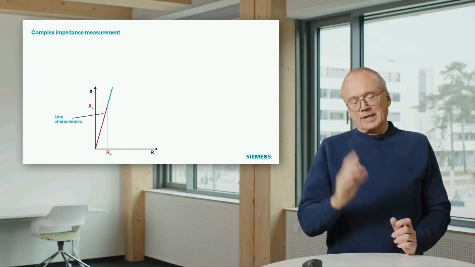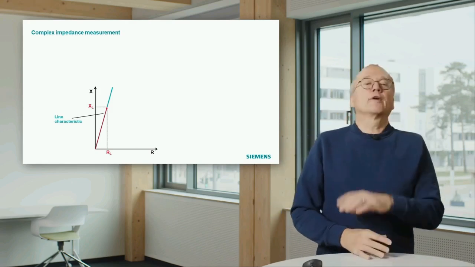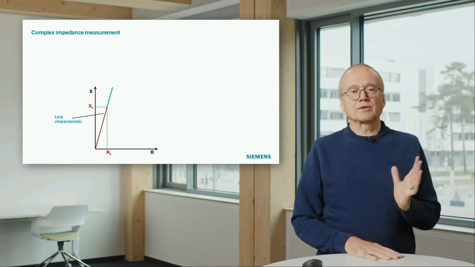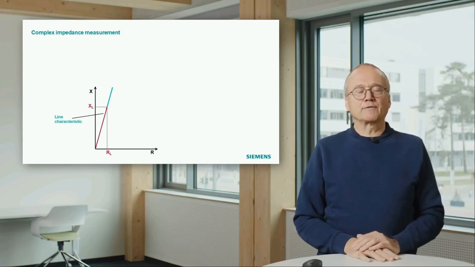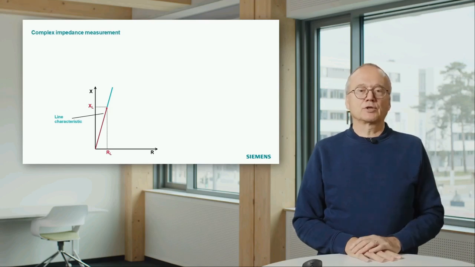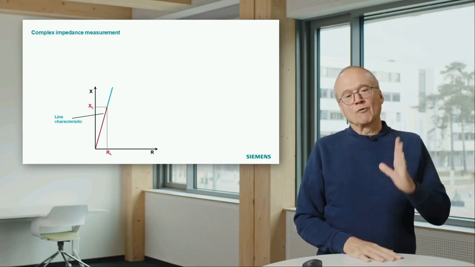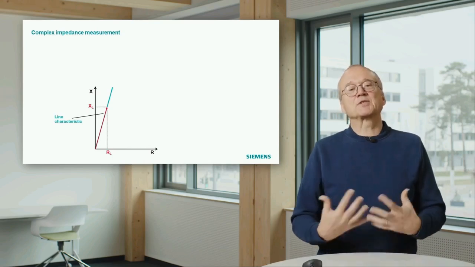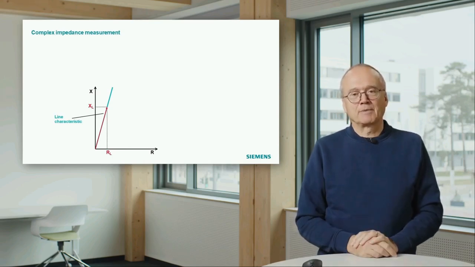The angle of this line characteristic is for overhead lines in this area as shown in the diagram. You can say 80 degrees, 85 degrees, or for extra high voltage even a bit higher. For cables it's a bit more flat. That means there the resistive part is higher.